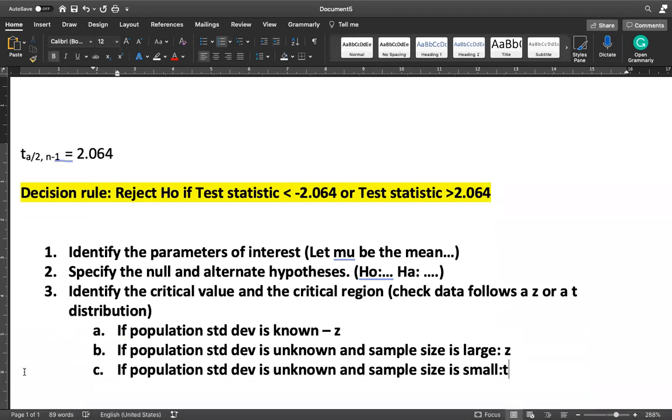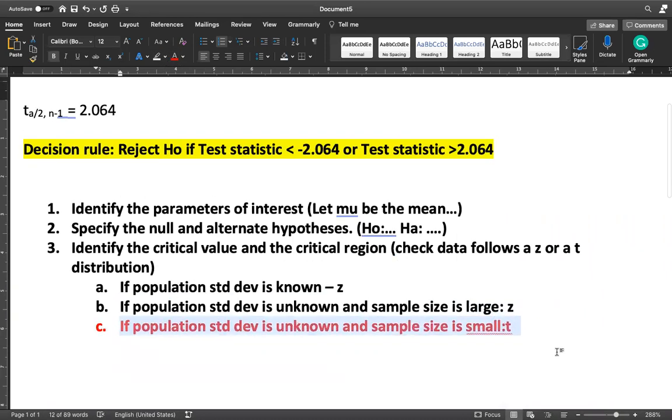So the only time we are going to use a T for this course is this situation when the population standard deviation is unknown and then the sample size is small. Okay, so that is going to help you to identify the critical value or the critical region.